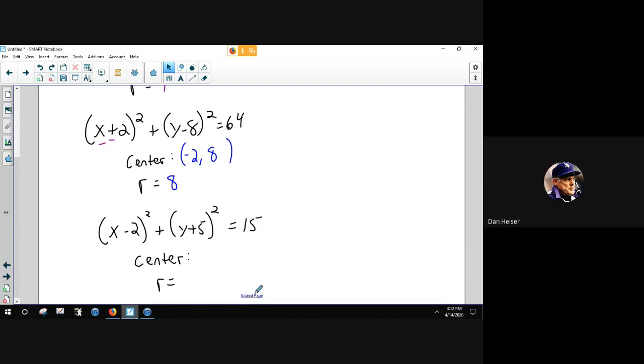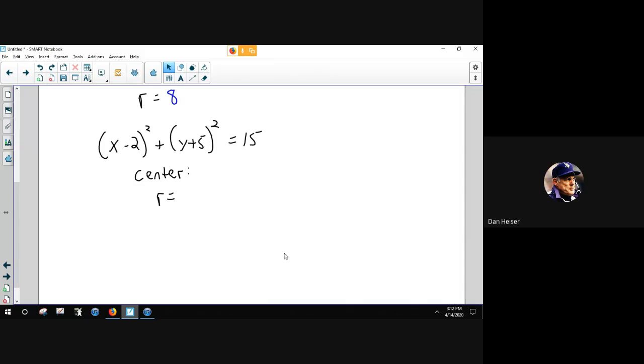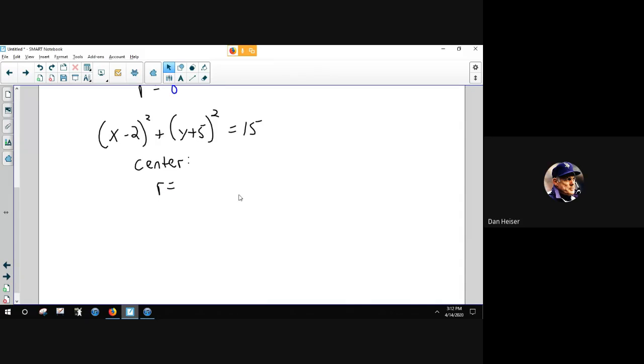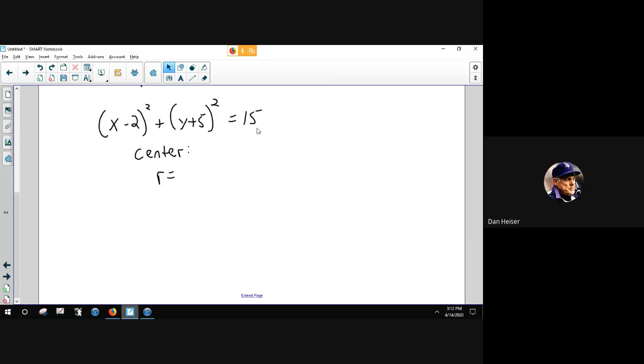One more example. We have a circle with this equation. Our center is going to be 2, and then be careful here, plus 5 really means minus negative 5.